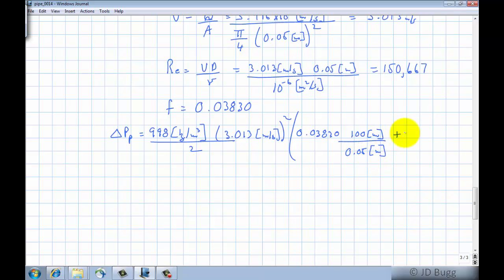Plus the summation of our minor losses. Now notice the valves are 50% closed now. There's 2 of them, so that adds up to minor loss coefficient of 40 and still the kinetic energy at the exit. So all of that tells us that delta P of the pump is now 532.8 kilopascals. So that tells us our second operating point.